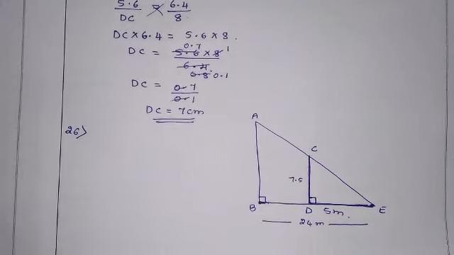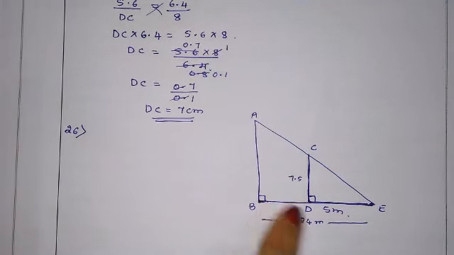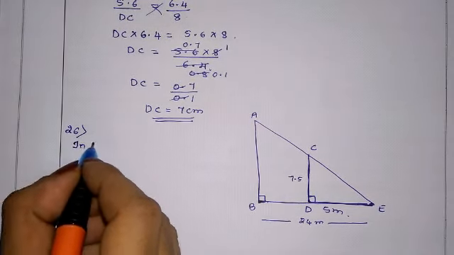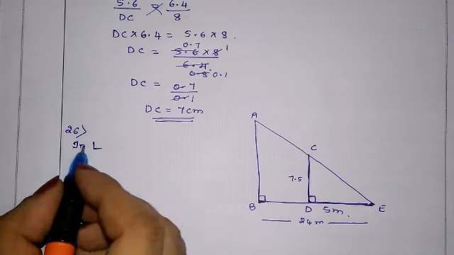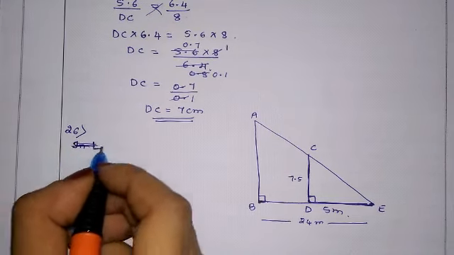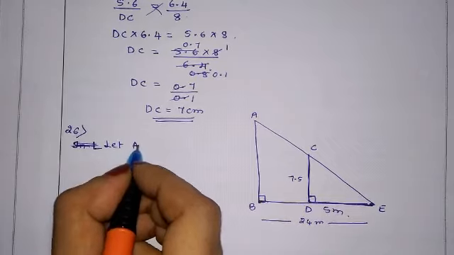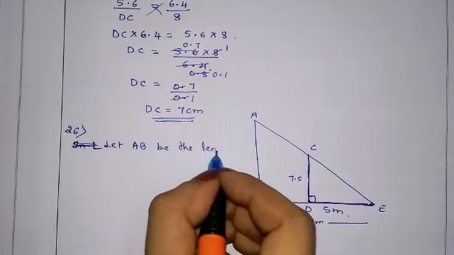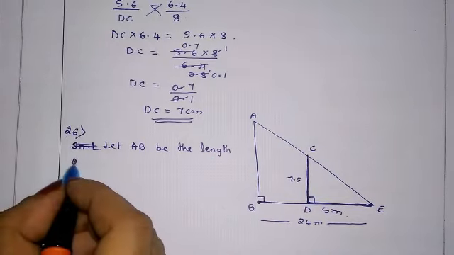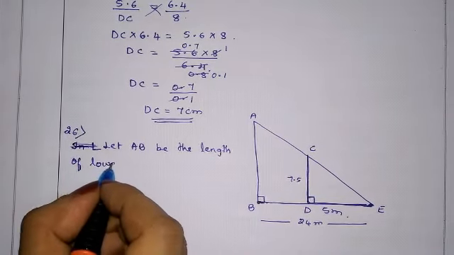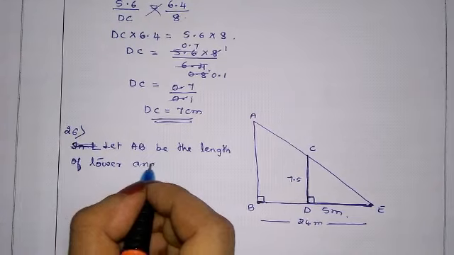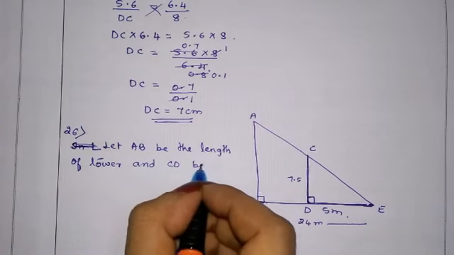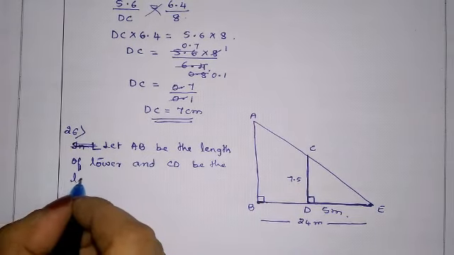So now here also I will do AA similarity only. First, let us assume: let AB be the length of the tower, which we don't know and they have told us to find, and CD be the length of the pole.